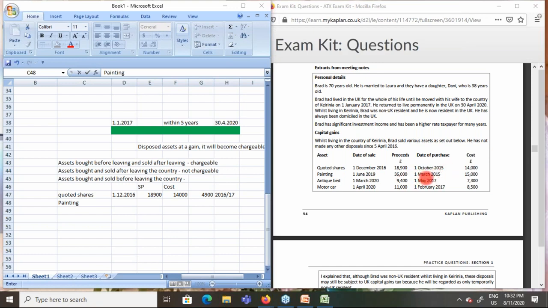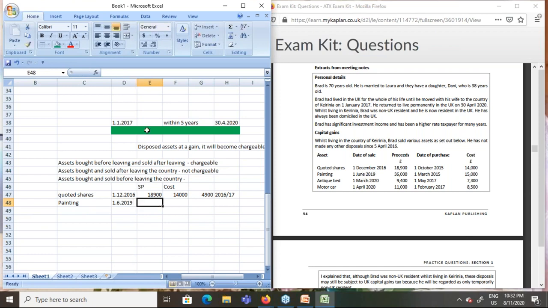Bought 1st of March 2015, that is before leaving the country, and sold it while he was not in the country. This will be covered by temporarily non-UK resident rules, because sold on the 1st June 2019.